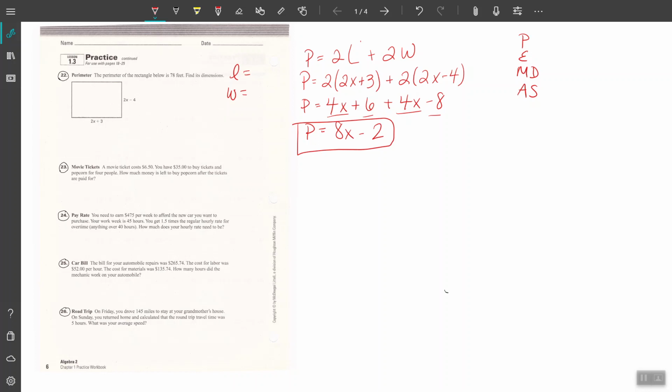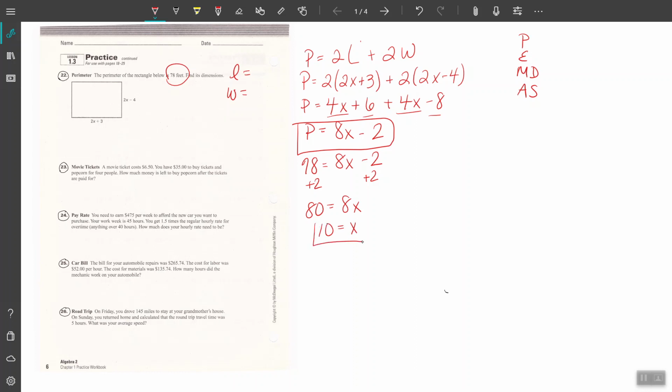Now, we wouldn't be able to come up with an actual number for x if they hadn't given us that 78 feet for the perimeter. But they told us that p is 78 in this particular problem, so we can fill that in, and that leaves us with just the variable of x. And then we can isolate and solve for x. Divide through by 8, and we will get an x of 10.